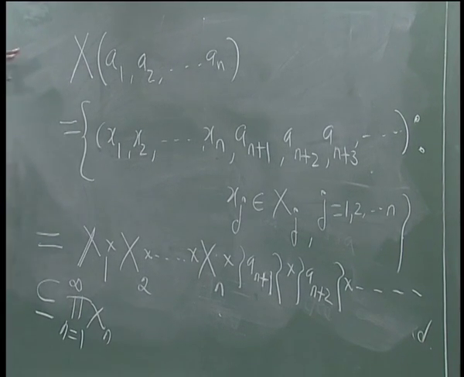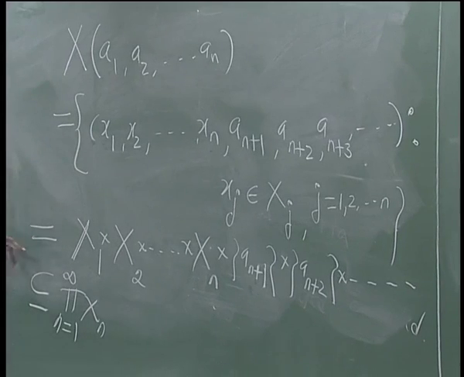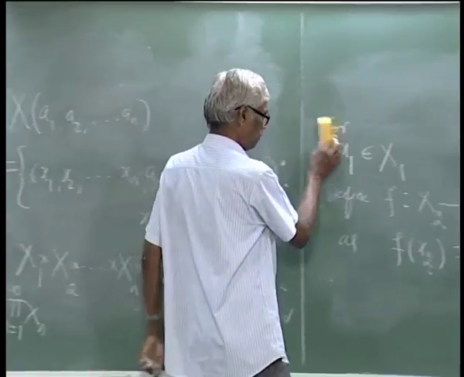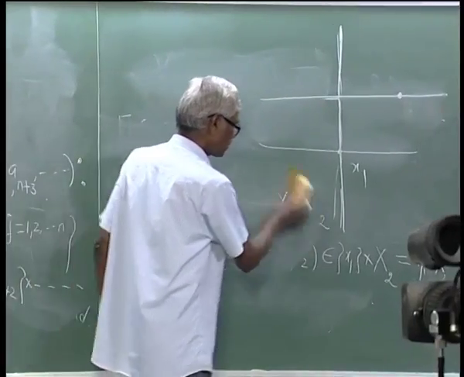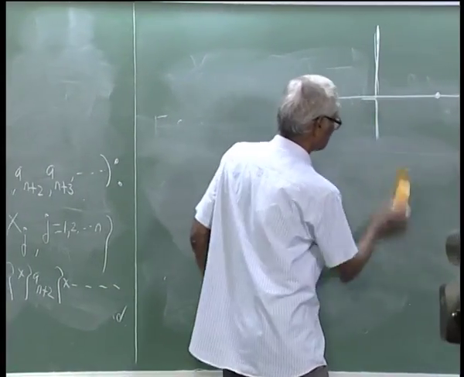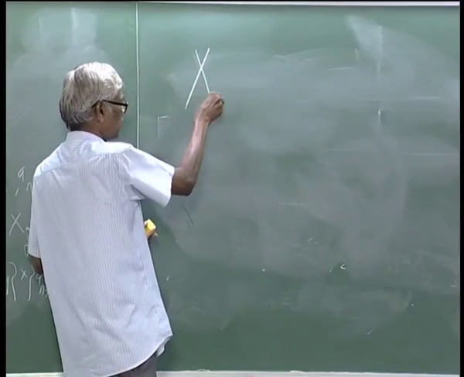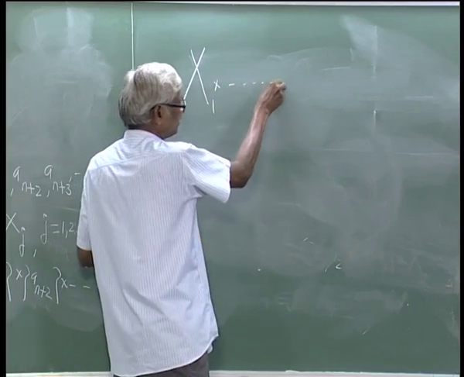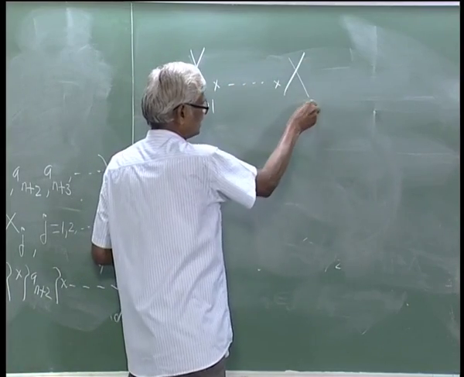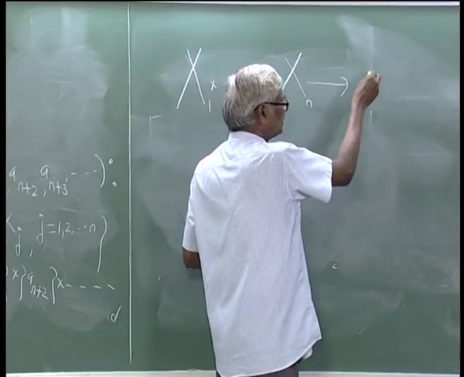So, now again we can define a map from X_1 cross X_2 cross ... cross X_n to this space.